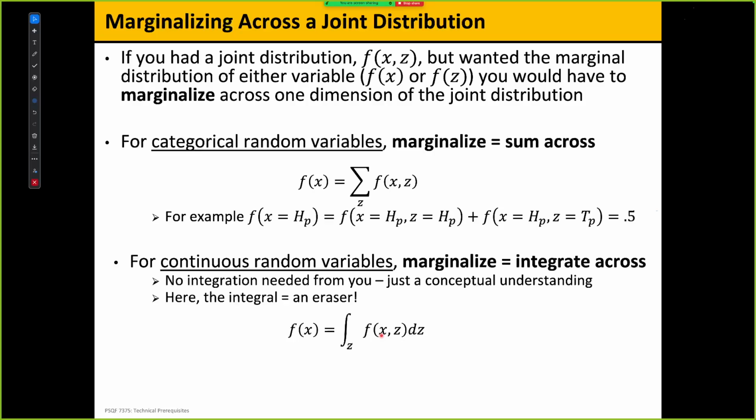Both x and z are in the formula somewhere, just like we saw for chi-square and normal in the continuous distributions. But if we want to get rid of z, we have to integrate that joint distribution with respect to z. So basically, that's what this says. An integral is like erasing z. Basically, it's weighting x by all the likelihoods of z itself, the area under z.